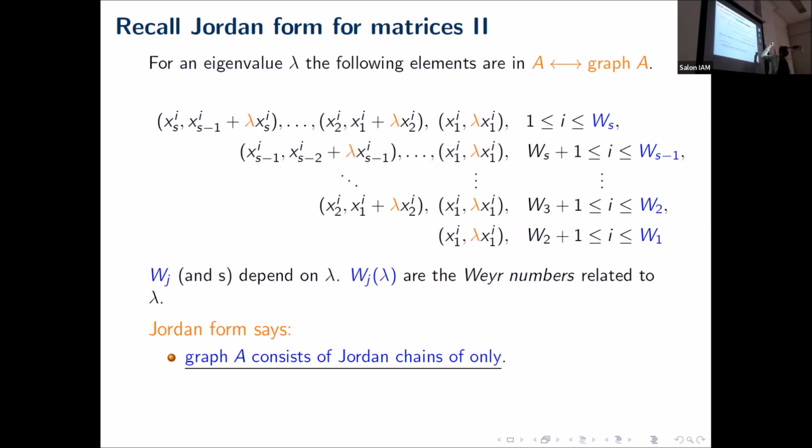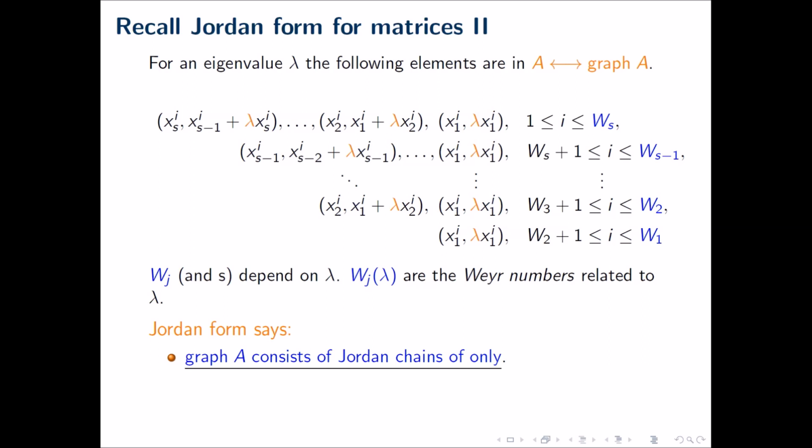All possible chains in the graph of A look like this. Or to be more precise, I could also do some silly things and add chains together. But if I always find a basis in this style, this is Jordan canonical form, and then they look like this.